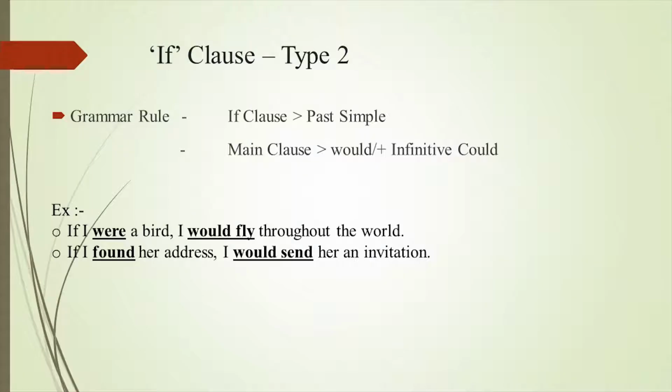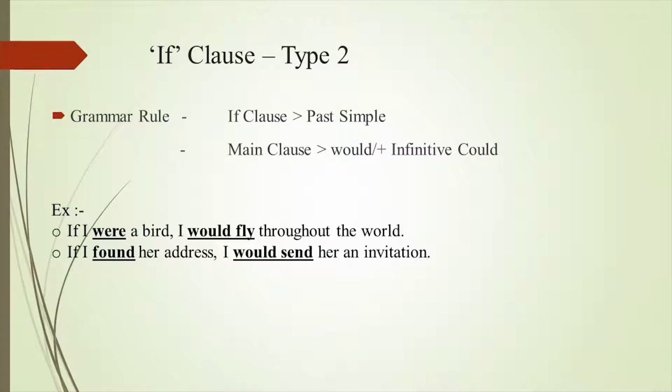And the second example here, the same example I have taken from type 1: if I found her address, I would send her an invitation. I have underlined the verbs: in the if conditional clause, simple past tense, found.